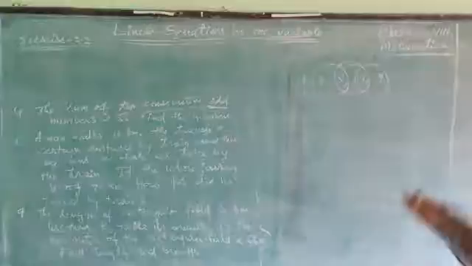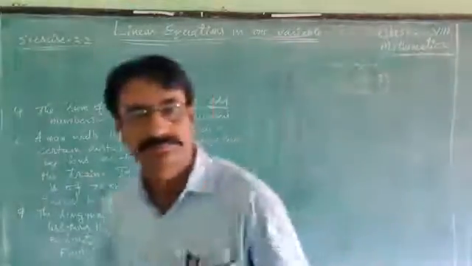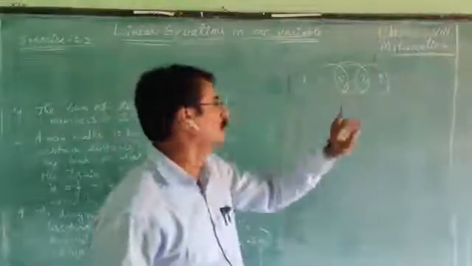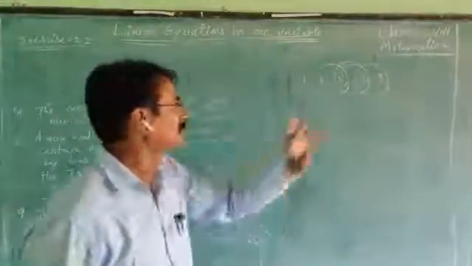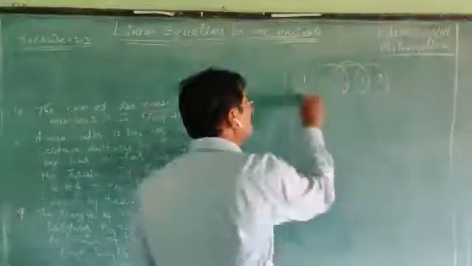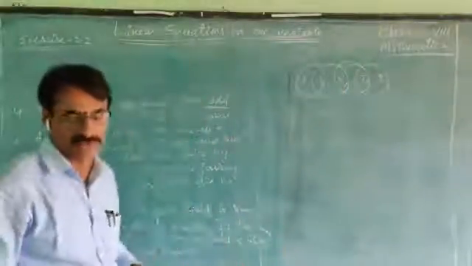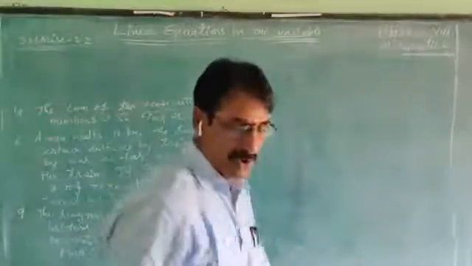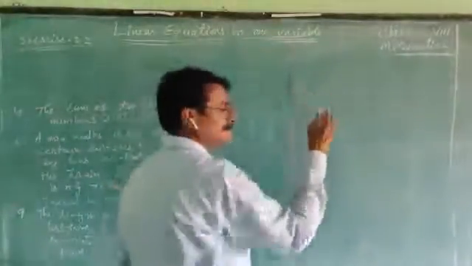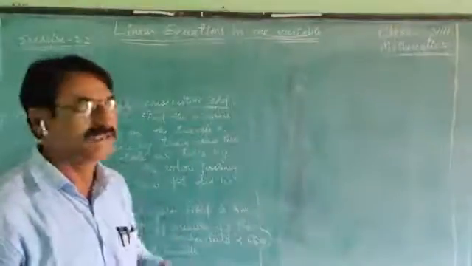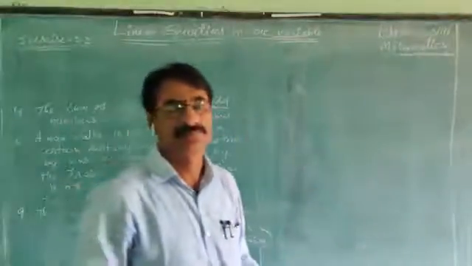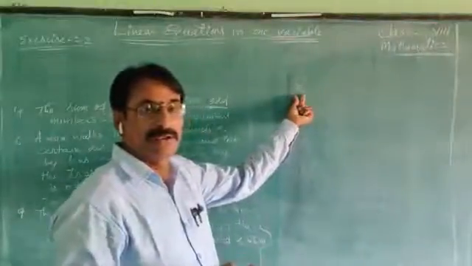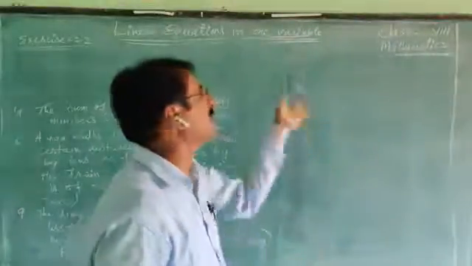Do you know the difference between them? 3, 5, the difference is 2. 5, 7, the difference is 2. 7, 9, the difference is also 2. Finally, we conclude, if we take one number as x, the next odd number is x plus 2.